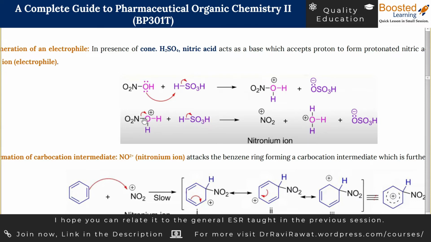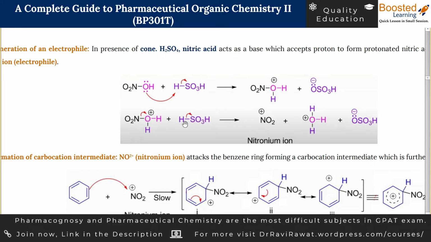Just simply show the dissociation of the conjugate acid from nitric acid and show this H2O has been removed and NO2 has been formed, NO2 with a positive charge, because this water molecule will remove such a way that it is going to take 2 electrons of this oxygen nitrogen bond and is going to form a neutral water molecule, and this NO2 is going to get a positive charge because this bond has been broken such a way that the 2 electrons has been transferred to oxygen and NO2 has received none. So that is why positive charge has arrived on NO2.